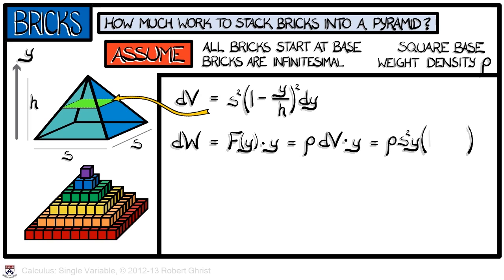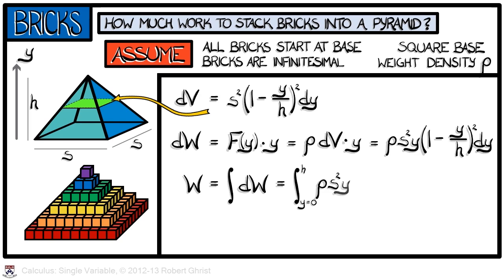And now we have something that we can integrate in order to compute the work. The work is the integral as y goes from 0 to h of rho s squared y times quantity 1 minus 2y over h plus y squared over h squared dy.